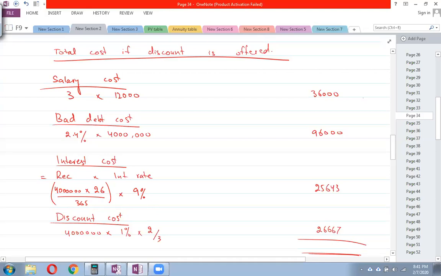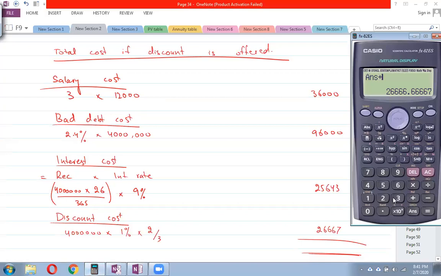Right? So if you have all these costs, then how much will be our overall cost? So 184,310.